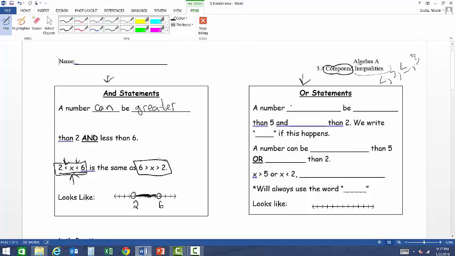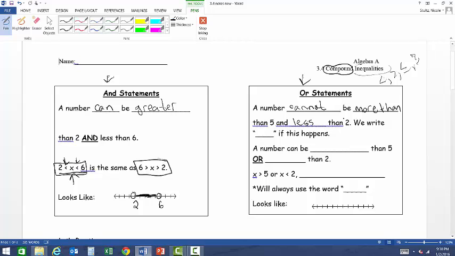Whereas in an or statement, a number cannot be more than 5 and less than 2. You can't have a number bigger than 5 and smaller than 2.